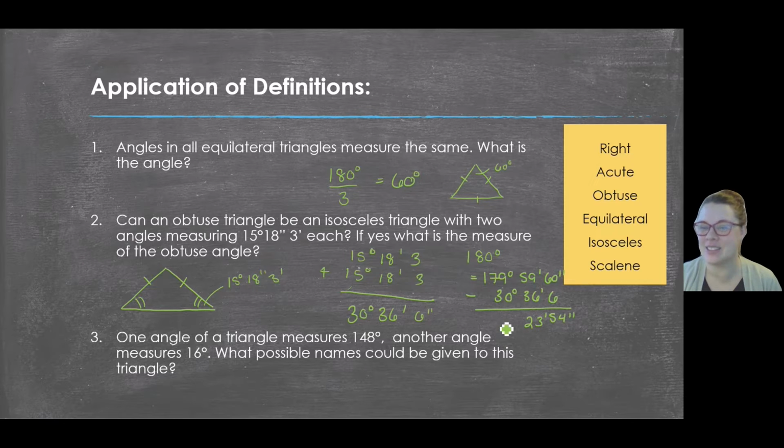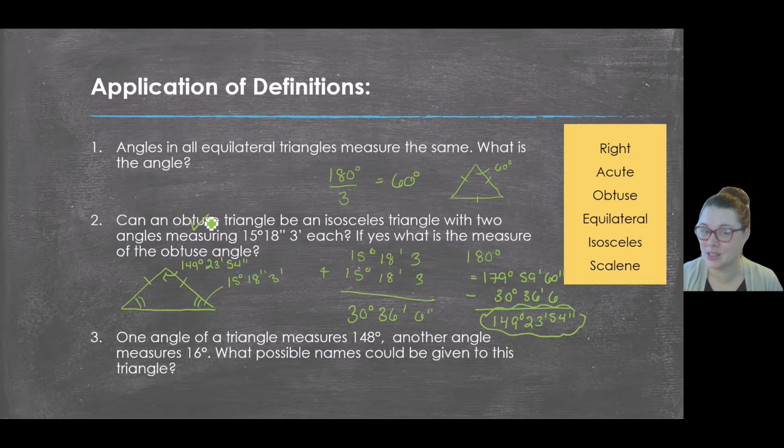And 179 take away 30 leaves us with 149 degrees. So the leftover angle, this one up here, which is going to be our big one, would be 149 degrees, 23 minutes, and 54 seconds.